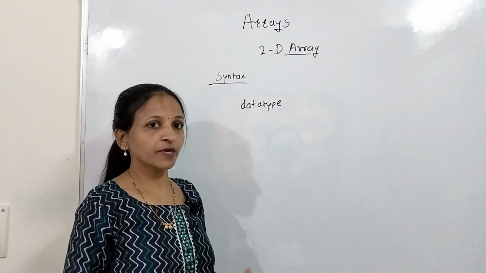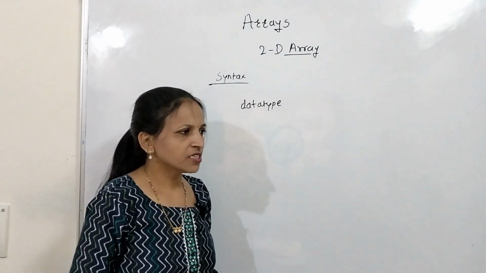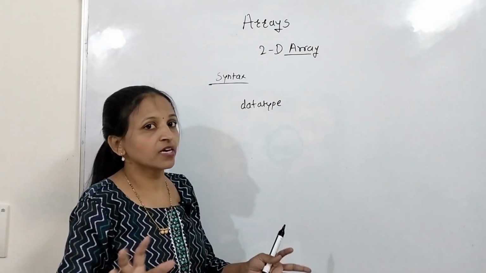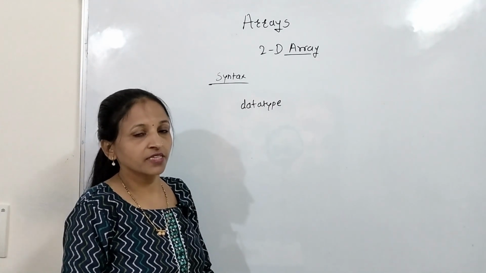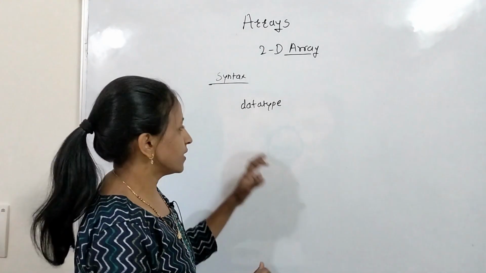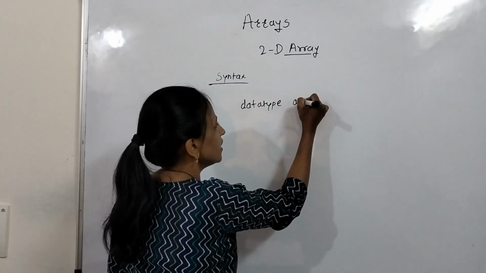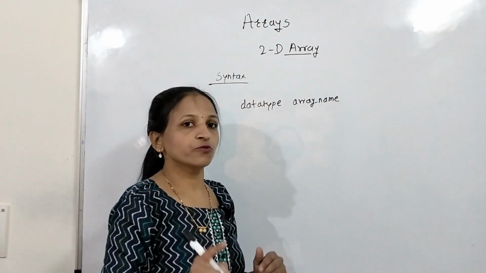Here there are multiple rows, because each individual row will represent a one-dimensional array, and we are grouping together multiple one-dimensional arrays in that way. Okay, now see here what the syntax is. First we have to write the data type, then the array name. Any array name you can give here by following the identifier rules again.